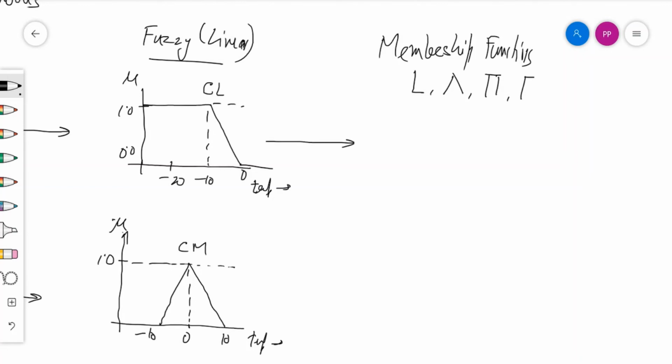So for that we define the membership function, an example of which we have seen a little earlier, but now we are going to draw the value of the membership function capital L. Let us see how we can draw it.